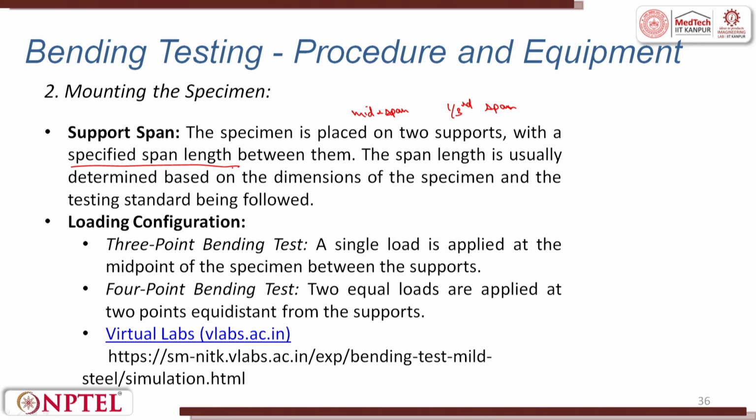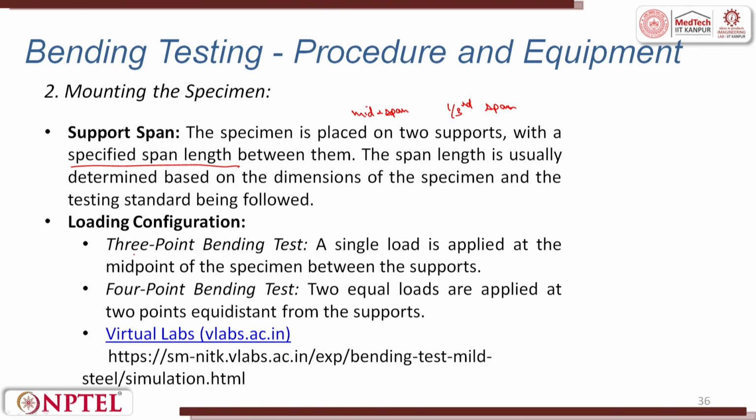The span length is usually determined based on the dimensions of the specimen and the testing standard being followed. It depends whether the specimen is very thin or very solid and thick. If it is a heavy specimen, the span length could be wide. If it is a small specimen, span length could be smaller.